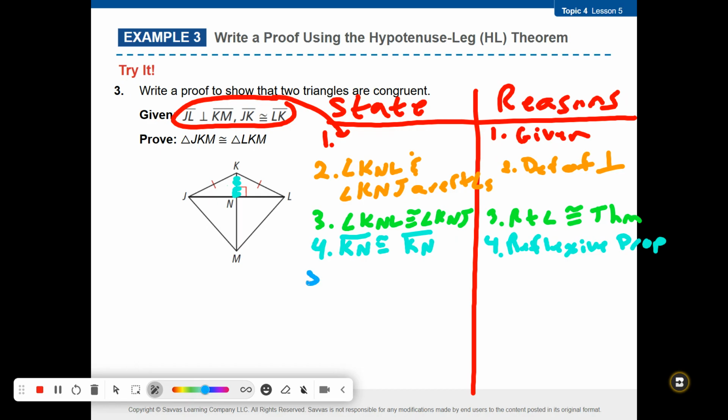So step 5 here is going to be that triangle KNJ is congruent to triangle KNL. And this is by HL.